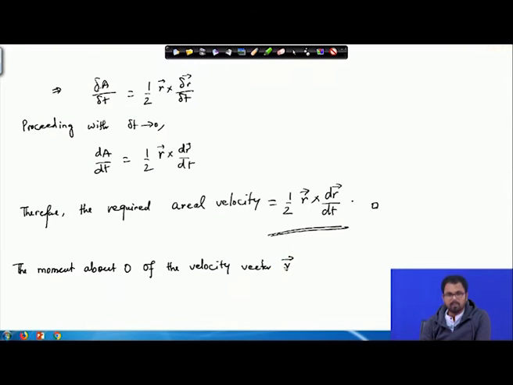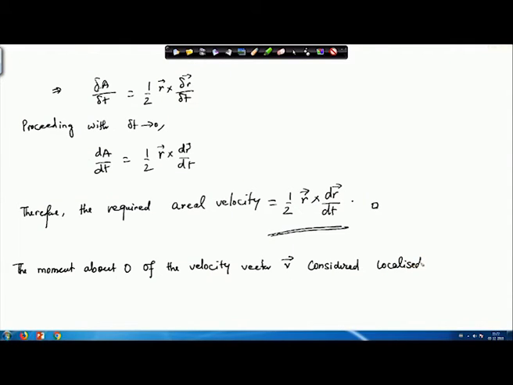This is not the aerial velocity, this is the usual velocity vector v considered localized along the tangent line at P, is by definition.